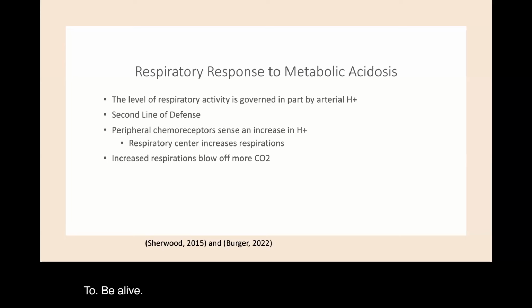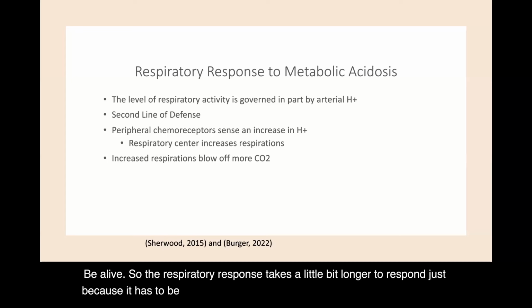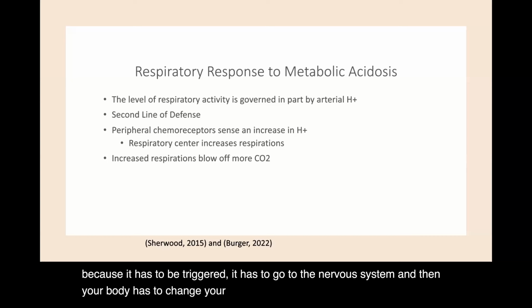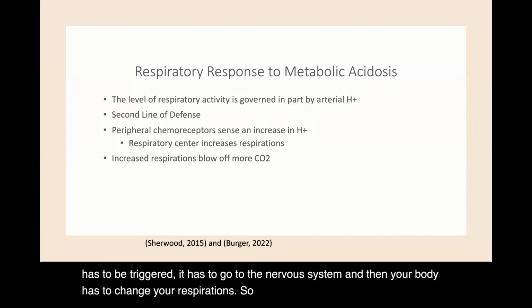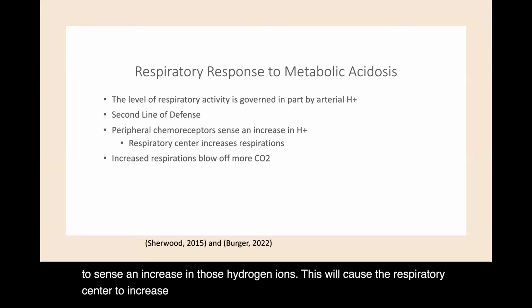So the respiratory response takes a little bit longer to respond, just because it has to be triggered, it has to go to the nervous system, and then your body has to change your respirations. So the peripheral chemoreceptors are going to sense an increase in those hydrogen ions. This will cause the respiratory center to increase respirations.